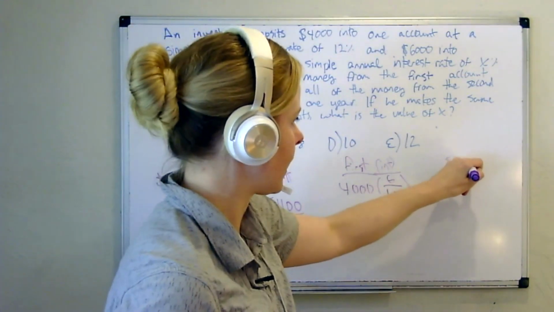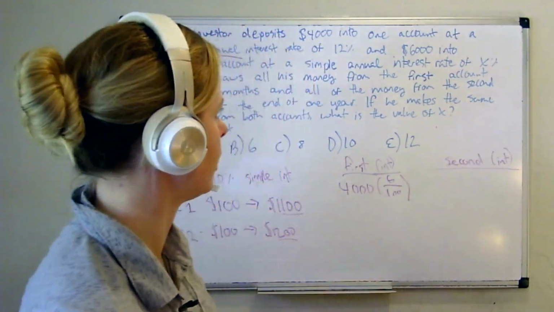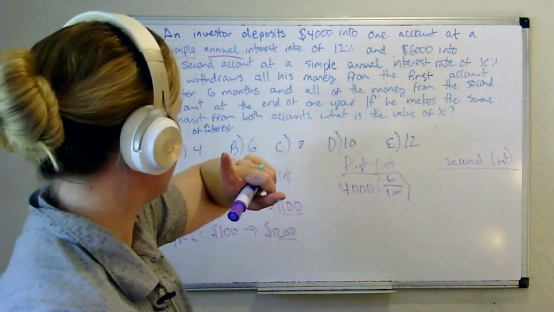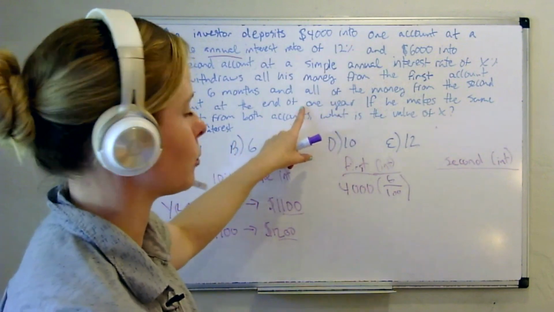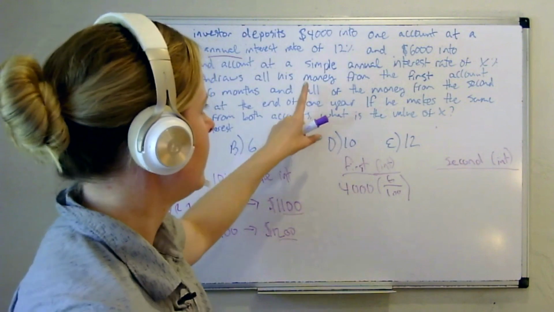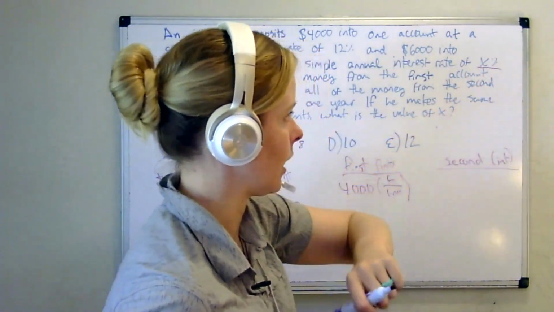So his second account, and again, just talking the interest that he's earning, he put $6,000 into that account, and then he takes it all out after 1 year. So congratulations, he's making his full annual interest amount. What is that amount? It is just x%, so we're not quite sure.